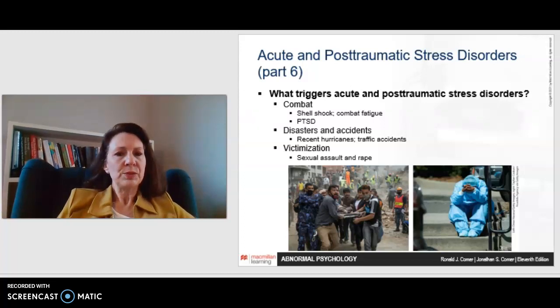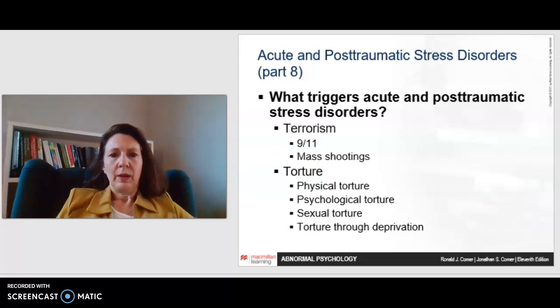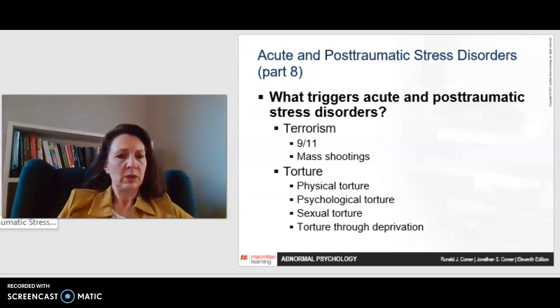Also, disasters and accidents like hurricanes, which we certainly have here, and traffic accidents can produce PTSD or acute stress, and then victimization such as sexual assault or rape. Other triggers include terrorism, like 9/11 or mass shootings, and then experiences of torture, including physical, psychological, sexual, or deprivation.